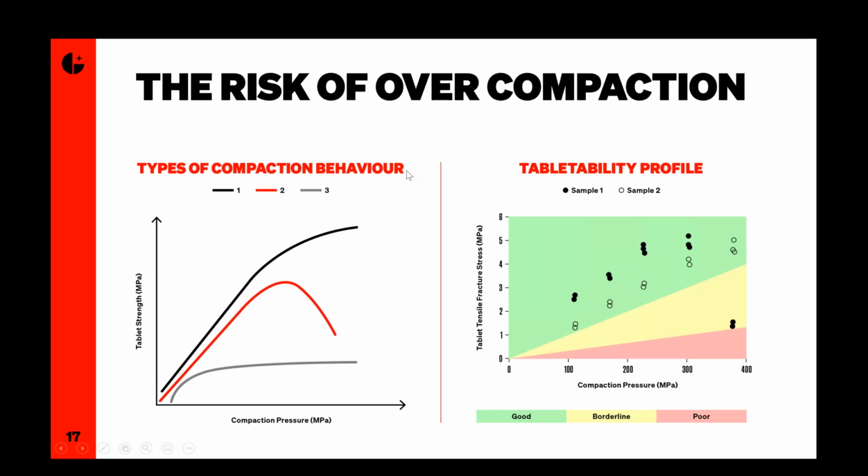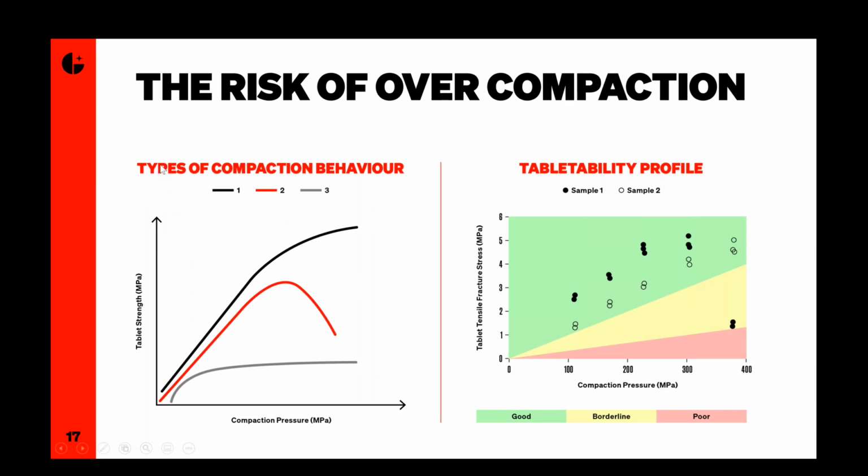The next slide is on overcompaction, which I mentioned can be an issue. When we think of having low tablet hardness problems, often the way people think about it is that the higher the compaction pressure you use to make a tablet, the stronger the tablet will become. But this isn't necessarily the case.